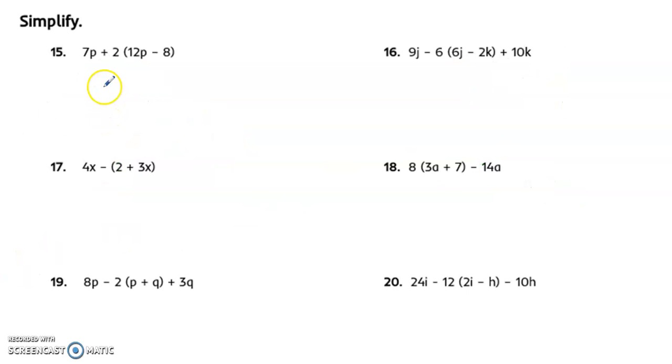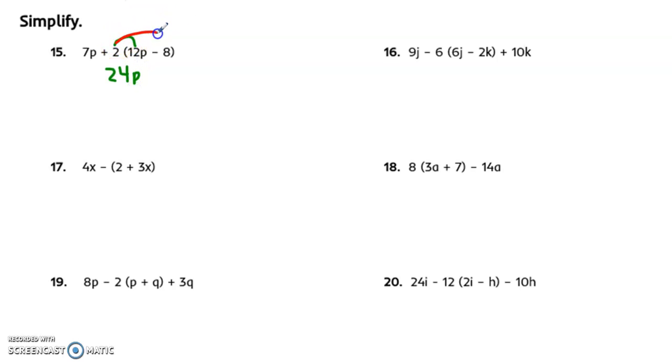Number 15, 7p plus 2 times 12p minus 8. So the first thing that we have to do to solve this is to get rid of these parentheses. And we can't combine anything inside here because we don't have like terms. This one has a p and this one does not. So we will solve this by using the distributive property. So 2 times 12p is 24p.